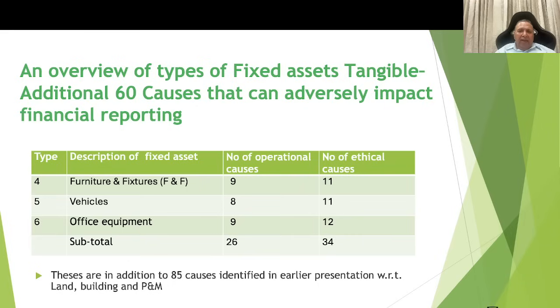Office equipment, there are 9 operational causes and 12 ethical related causes. So overall, 26 plus 34, that is 60 causes, and these causes are in addition to the 85 causes which were identified in my earlier presentation with respect to the land, building and plant and machinery.